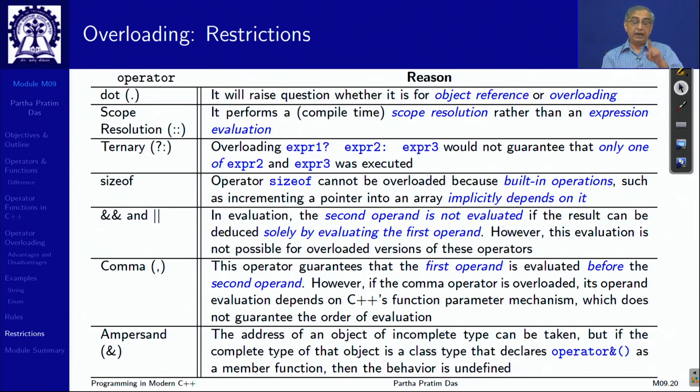Again, ampersand by itself is overloaded, because it can mean bit AND and it can mean address of. In the context of address of, it cannot be overloaded, because it has to guarantee that it should not work for the incomplete type and all. Don't break your head on that, just know that it cannot be overloaded, you will slowly understand the reason.